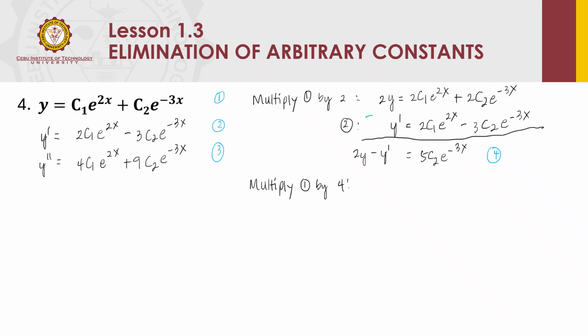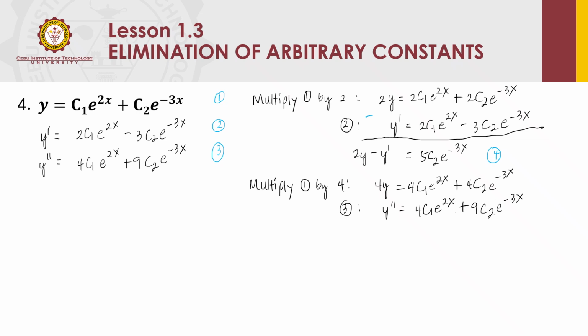So we have 4y equals 4 C1 e to the 2x, and then plus 4 C2 e to the negative 3x. Okay, and then copy equation 3. So that's y double prime equals 4 C1 e to the 2x, and then plus 9 C2 e to the negative 3x. Then we can perform subtraction.